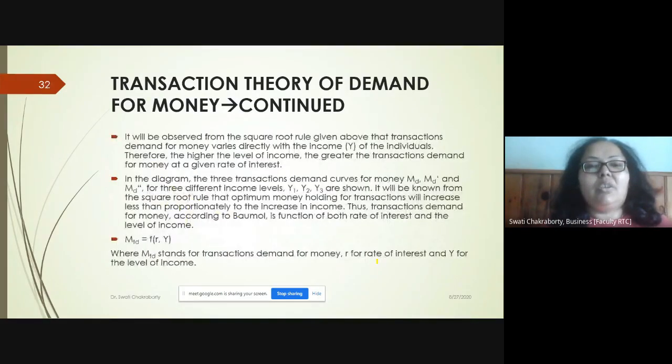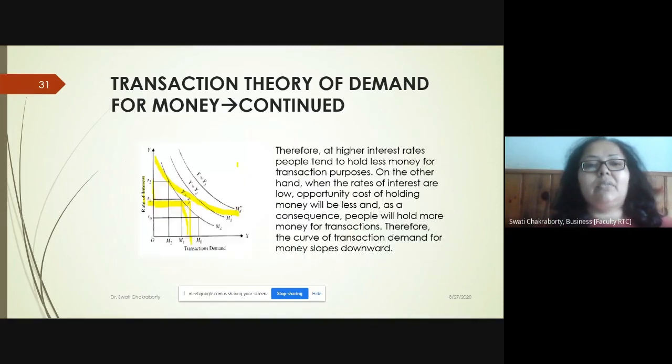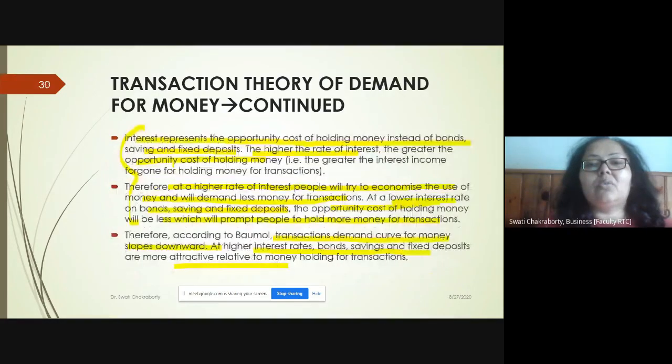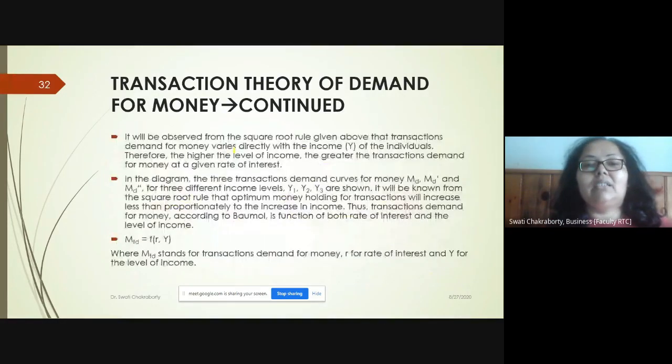And what did we actually learn from here? If we see the square root formula that we have, that is C is equal to the square root of 2bY by R. So what does it say? That transactions demand for money is directly related to income, so it varies directly.